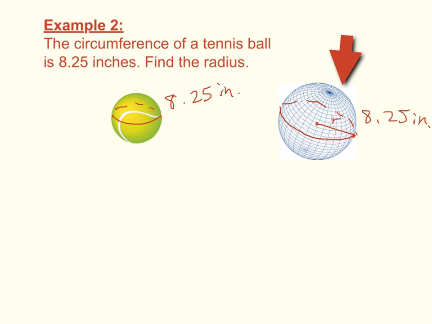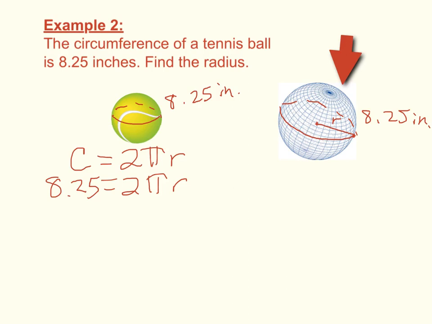And again, I'm just going to start with our formula for circumference, 2 pi r. Okay. This time, do I know my r? No, that's what I'm looking for. So I'm going to have to keep r as r. But I do know my circumference. That's 8.25 inches.